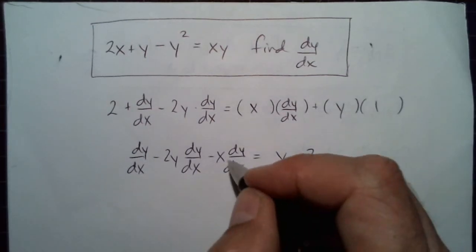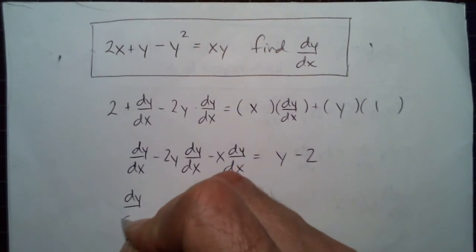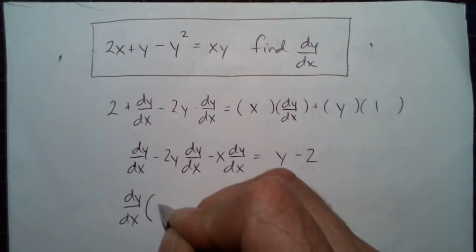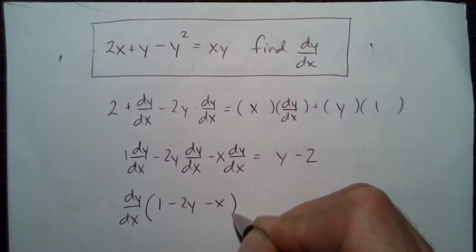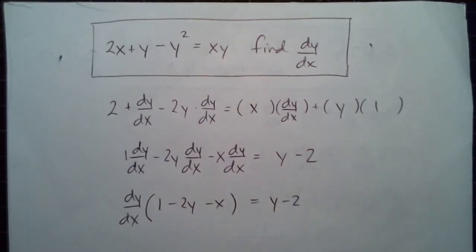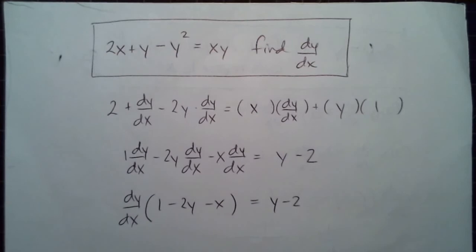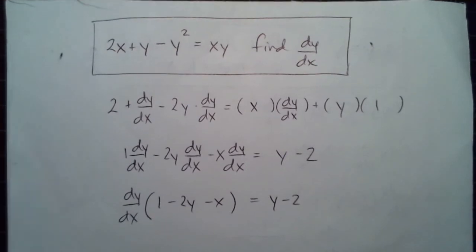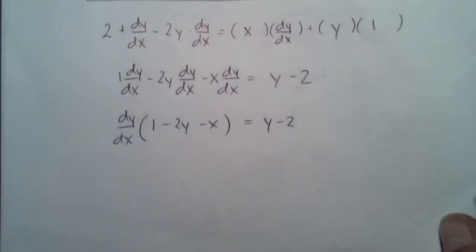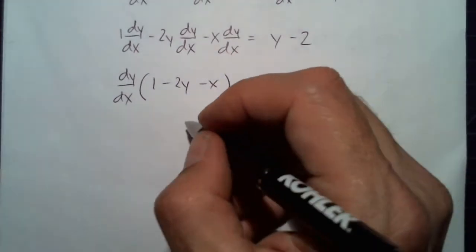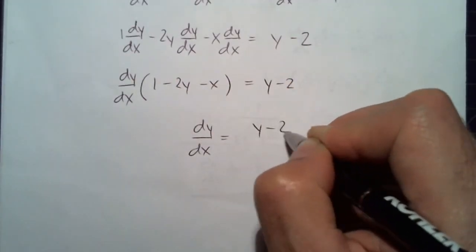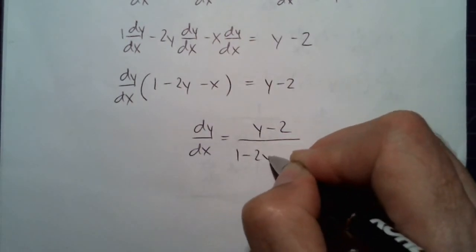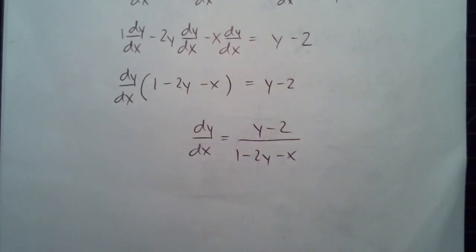And factor out the dy dx. There's a 1 minus 2y minus x, y minus 2. And we have dy dx, y minus 2. That looks familiar, like we already did that one.